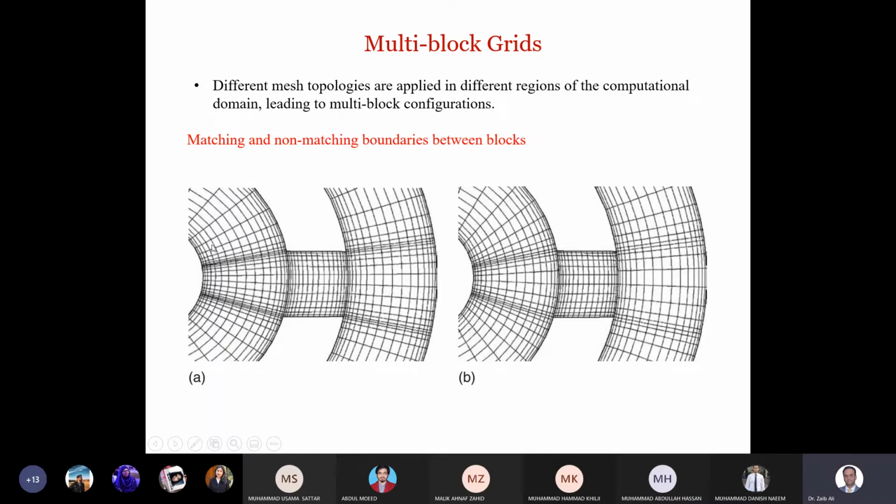Normally, people use this matching boundary mesh because, to cater for a non-matching boundary, the flow solver should be written in such a manner that it could transfer the information across this boundary in the form of, for example, interpolation, which is an additional overhead.